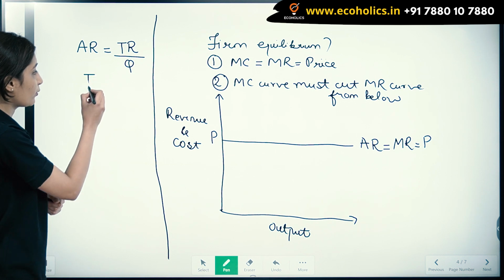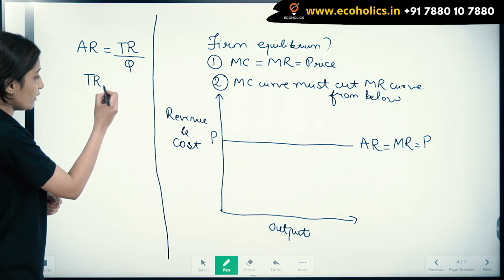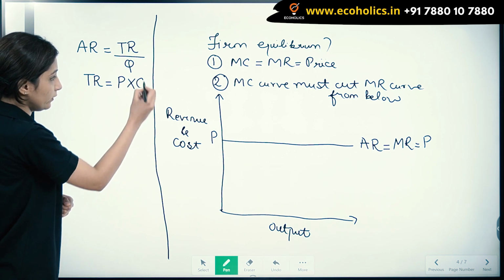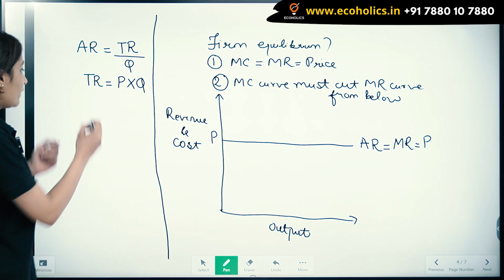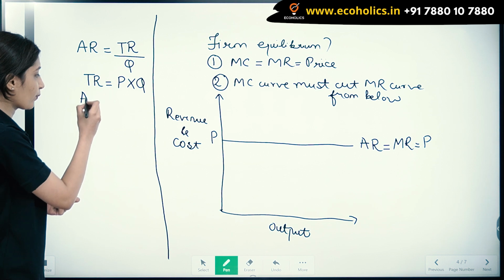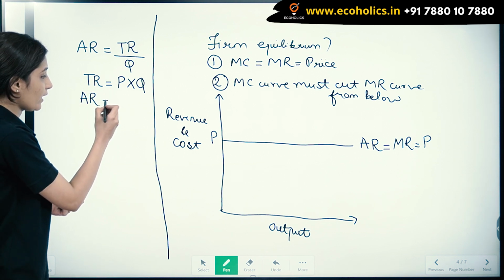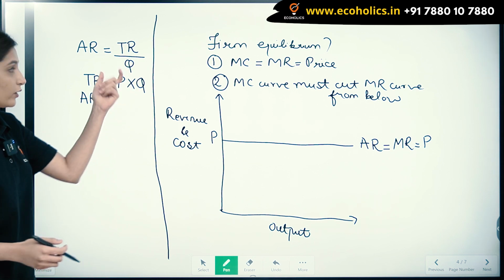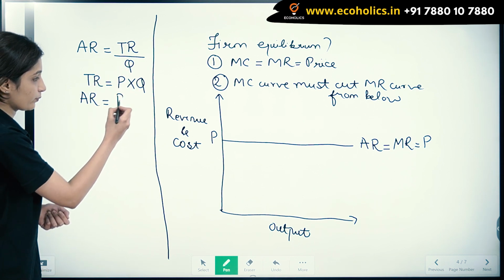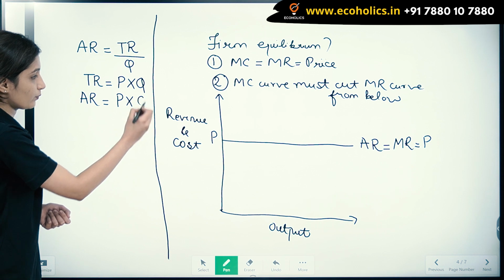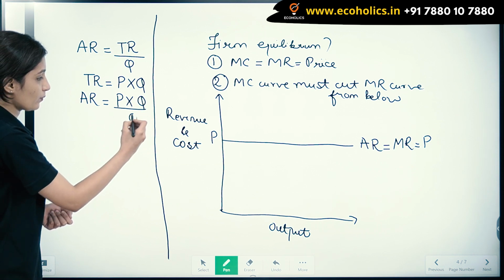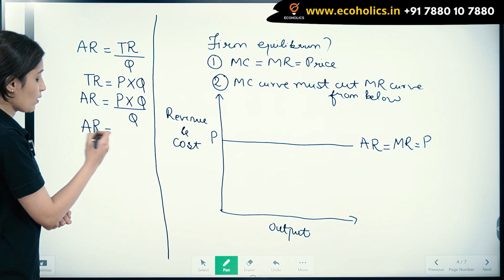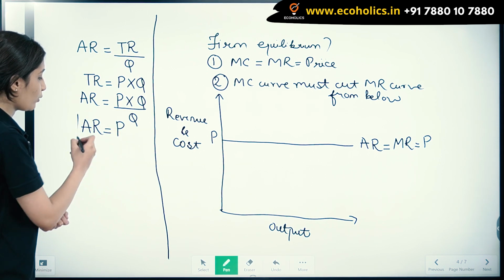Total revenue is equal to price into quantity. And therefore, our AR becomes equal to P into Q divided by Q. So, AR is equal to P.